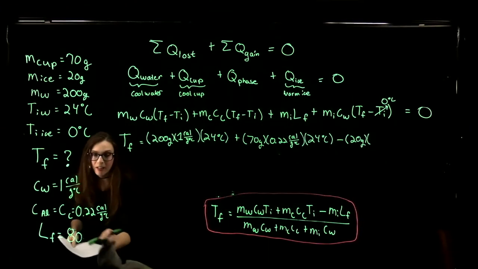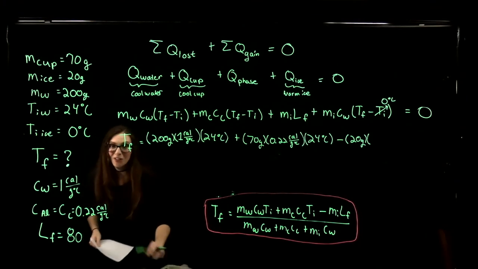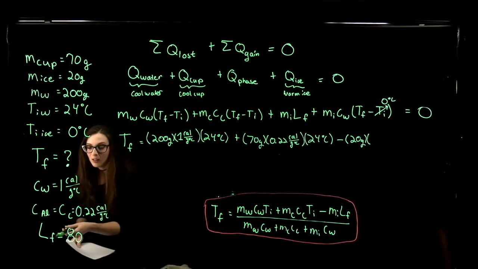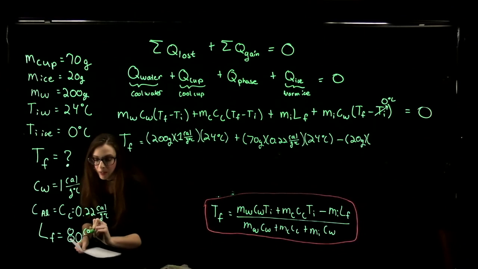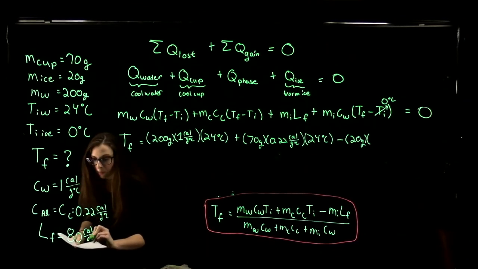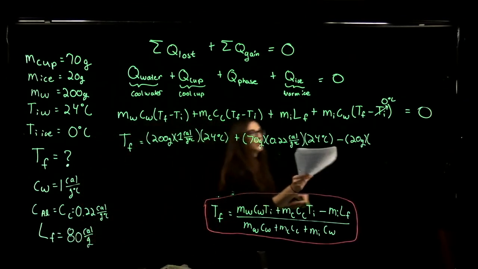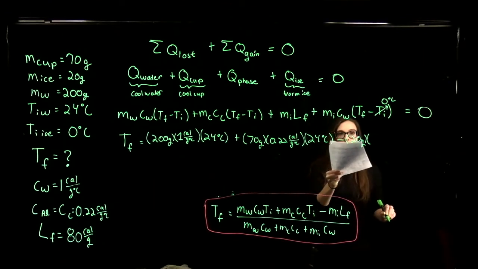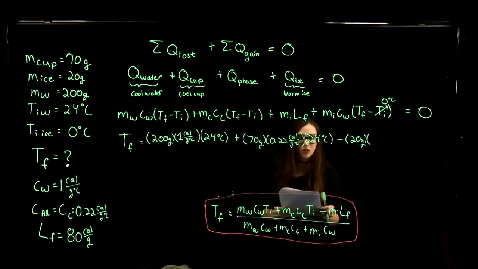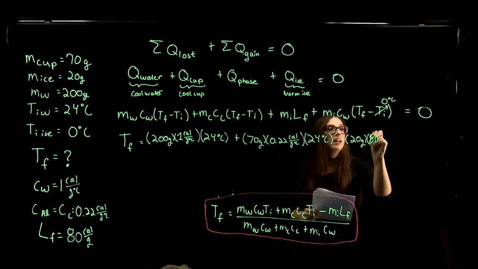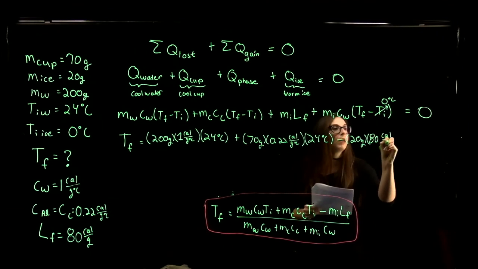And I forgot to write down the latent heat of fusion for water. It's 80 calories per gram. So we've got the mass of my ice, 20 grams, times the latent heat of fusion of water, 80 calories per gram.